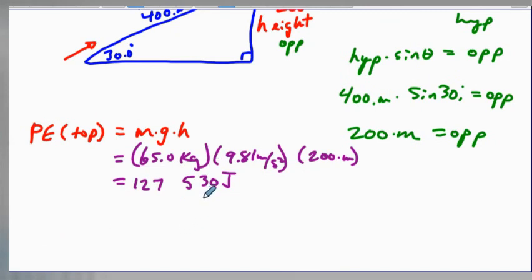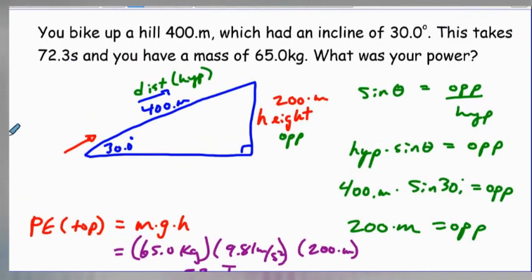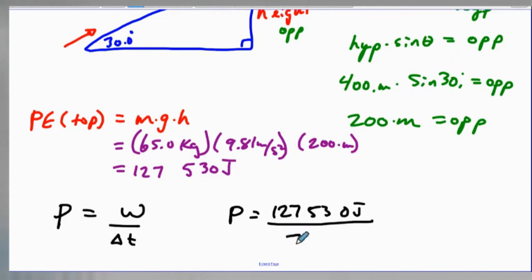Okay, and what's our power? Well, our power is the work done divided by the time. So that's going to be our power is 127,530 joules divided by, was it 72.3 seconds? 72.3 seconds.